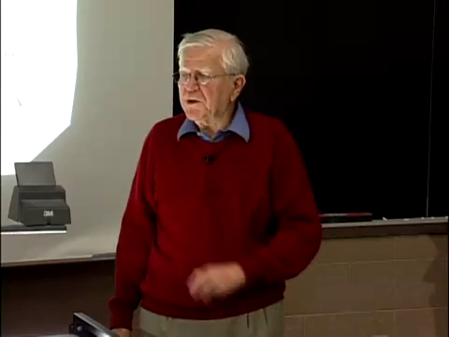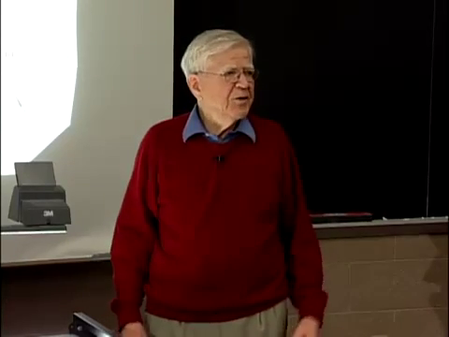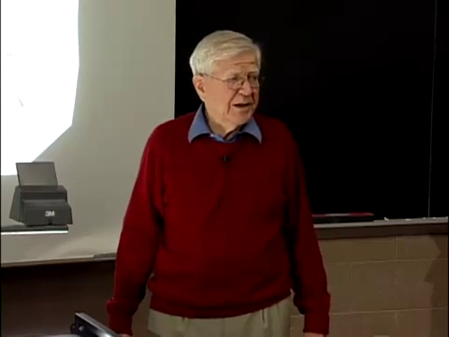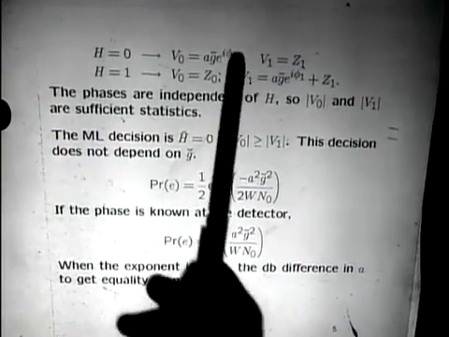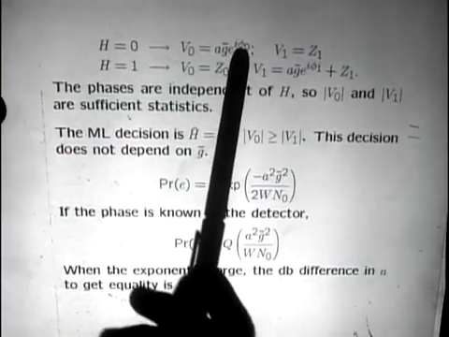I'm going to talk more later about how you can use this knowledge of what the channel is and how you can measure it. But for now, we just assume that we know it. So the phase is random and independent of everything else.